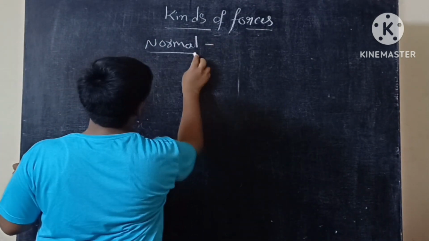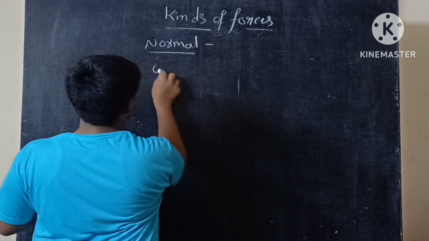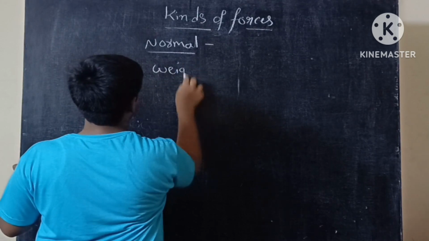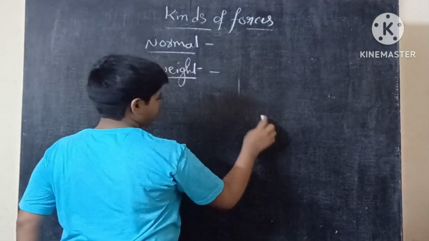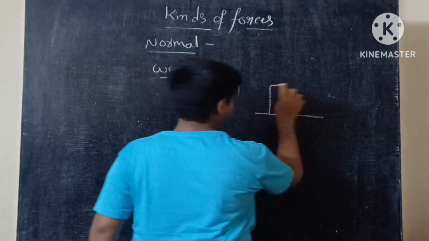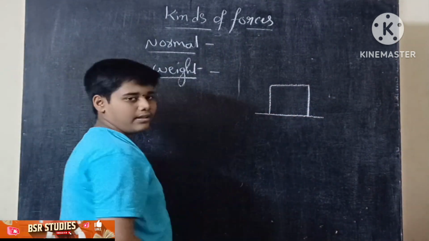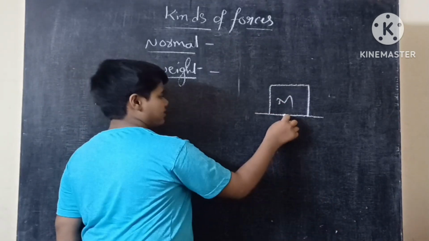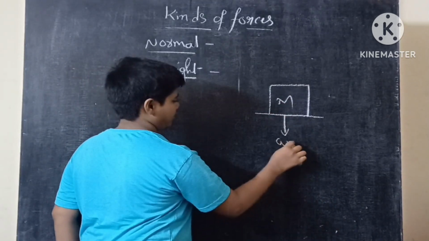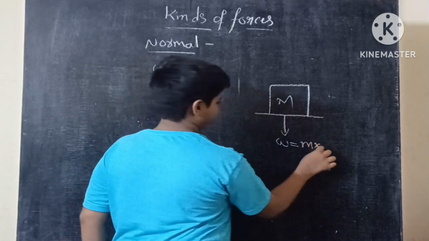which means perpendicular force, and weight. Weight means, if I take a surface like this and an object with mass m, the weight acts downwards only, always. W is equal to mass into gravity.